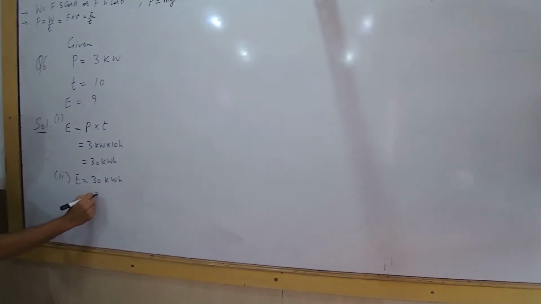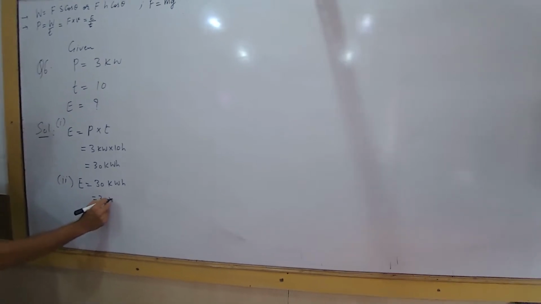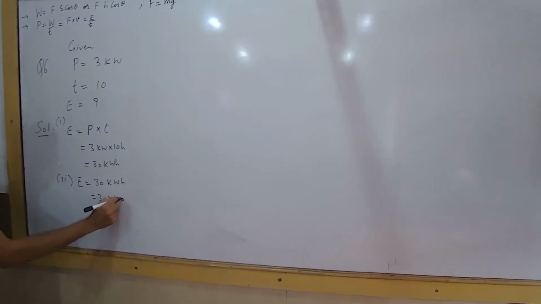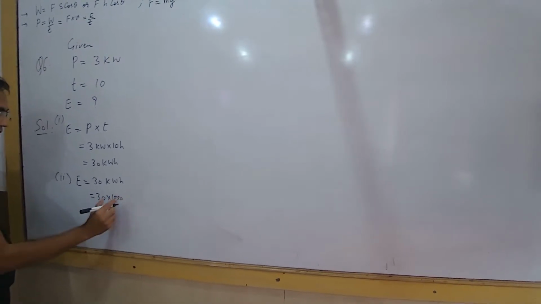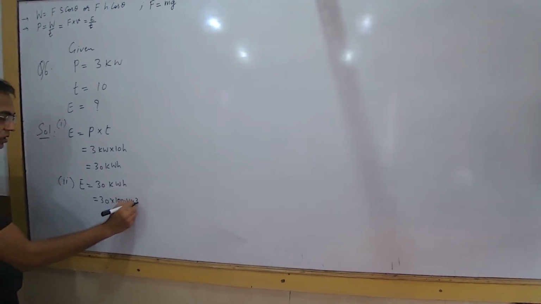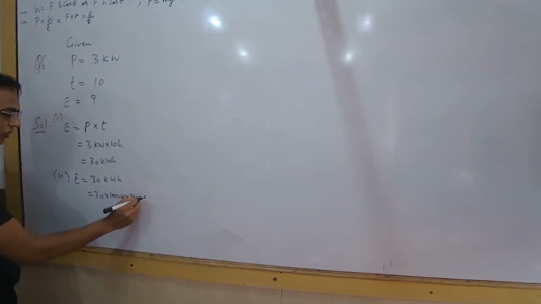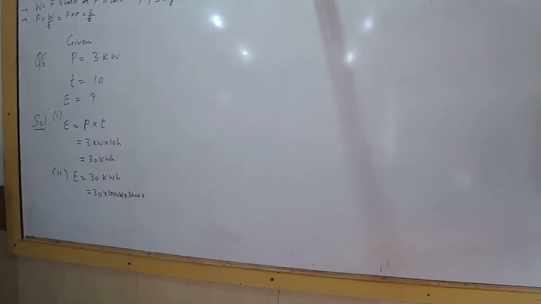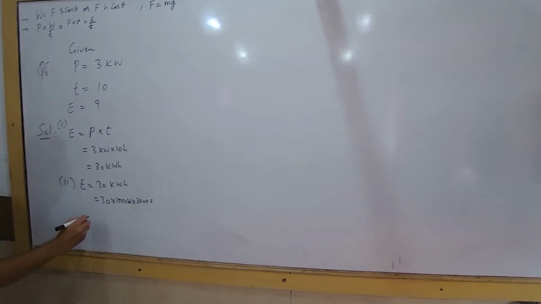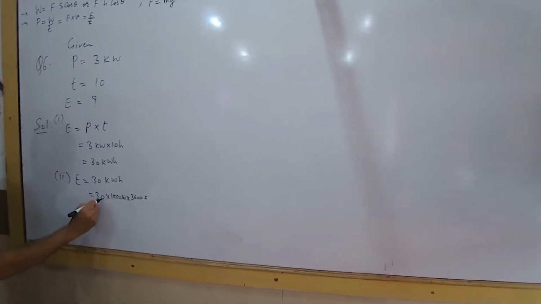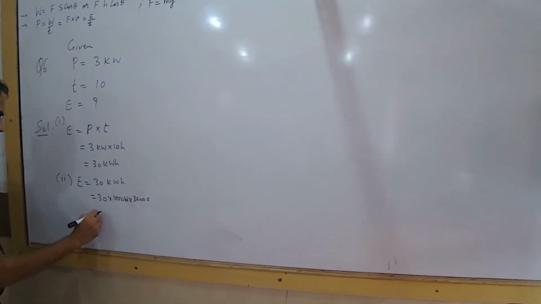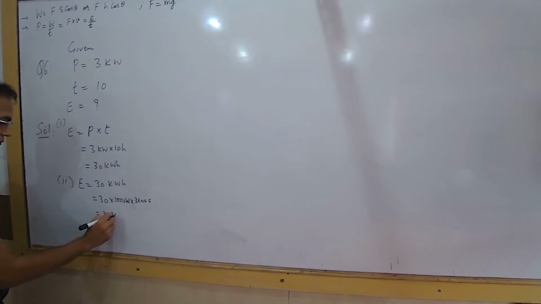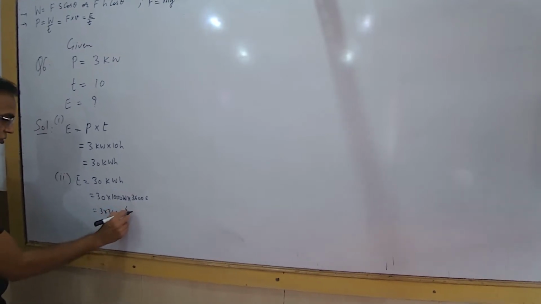But what is 1 kilowatt hour? So kilo is 1000, 1000 watt. So this is 1000 watt. Hour is 3600 second. Now watt and second is SI unit. So what second will become joule then? So this will be 1, 2, 3, 4, 5, 6. 3 into 36 into 10 raised to 6 joule.